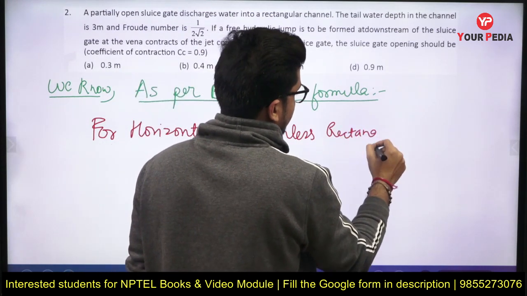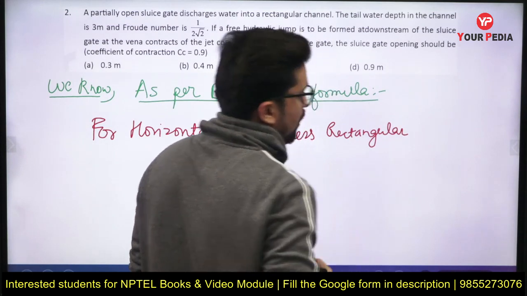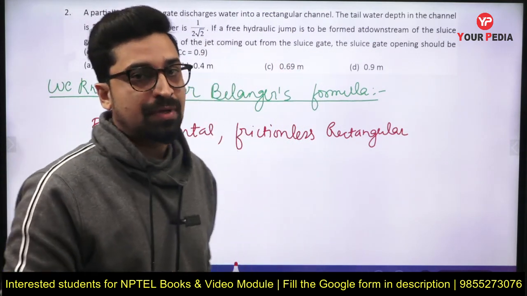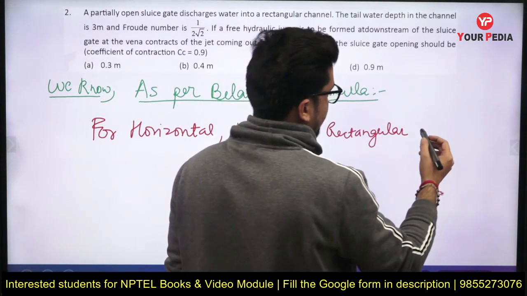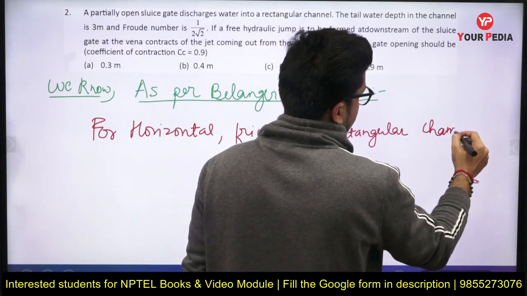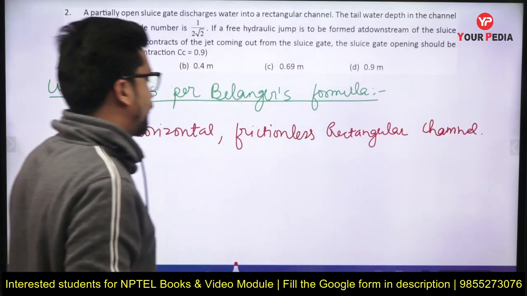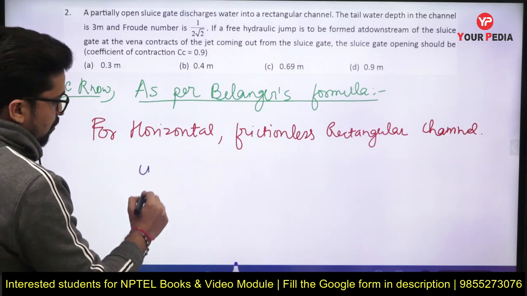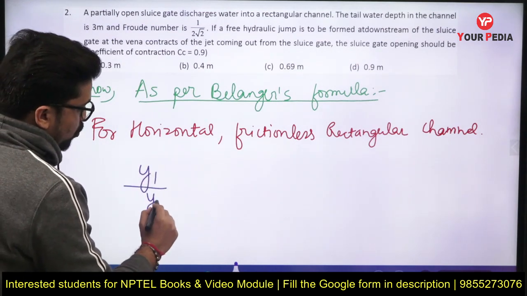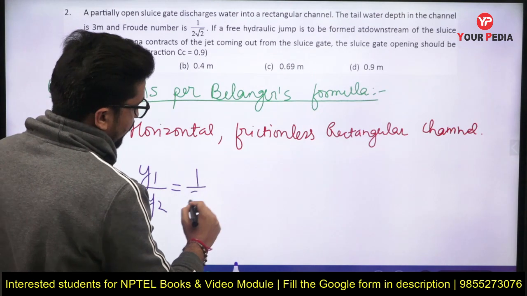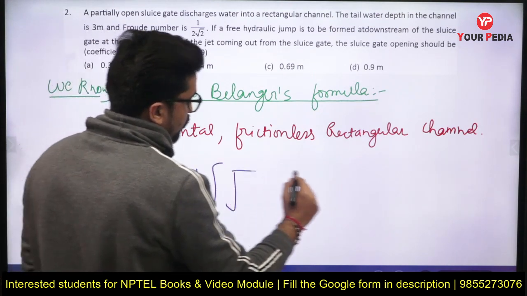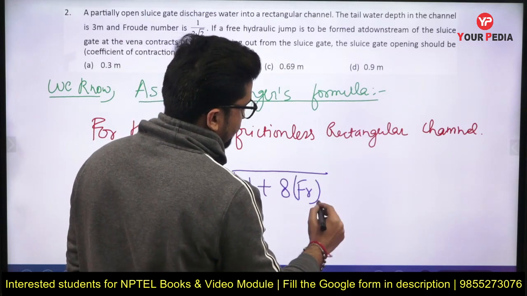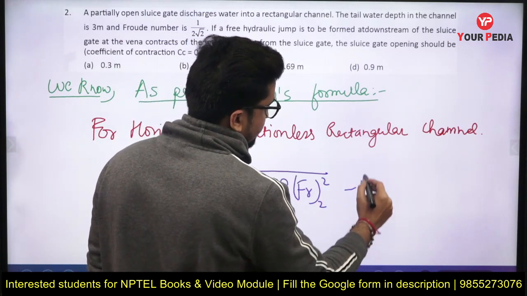Belanger gave an equation, or a relationship, for the depths before and after the jump for a horizontal frictionless rectangular channel: y1 upon y2 is equal to 1 upon 2 under root 1 plus 8 times Fr2 whole squared, minus 1.